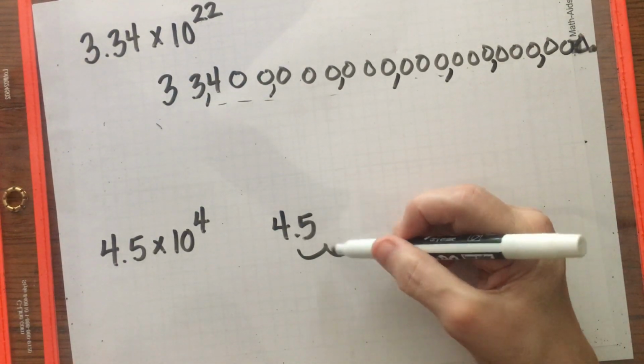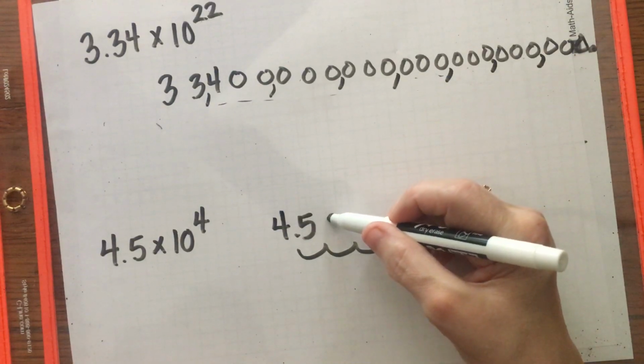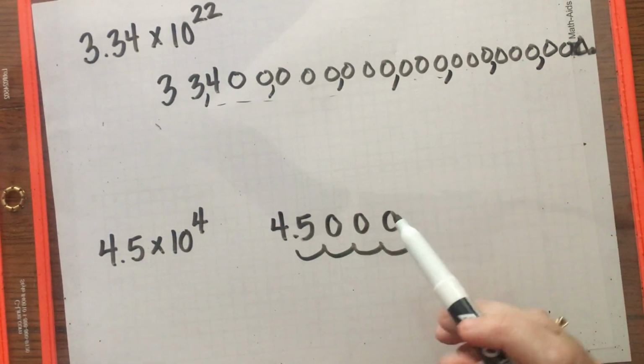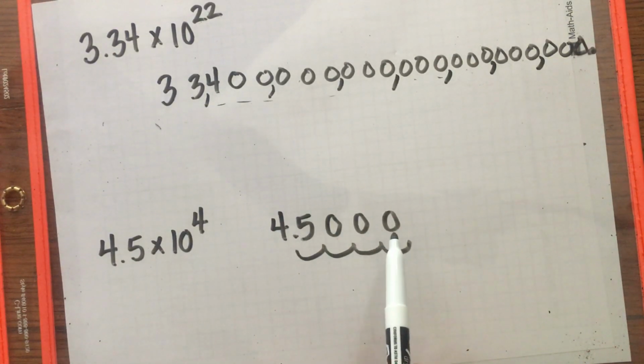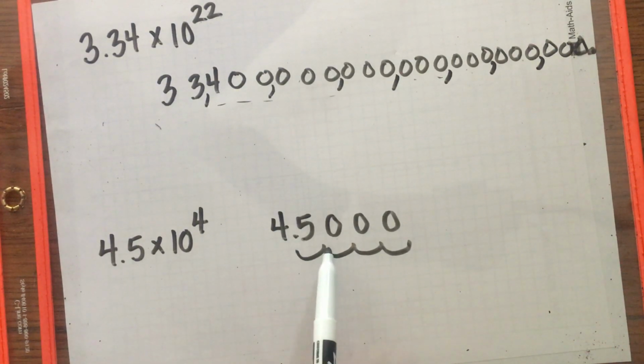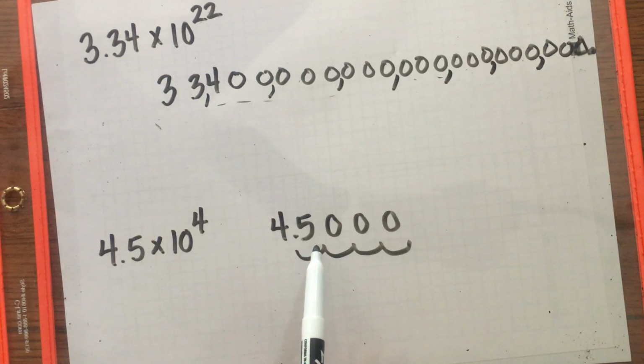And then wherever there's a gap, I fill in a 0. 1, 2, 3. So notice that this doesn't have 4 zeros. Okay, that's not what this means. This means I need to move my decimal that many places. And one of those places is when I move it to the other side of the 5. So that takes up 1 space. And then I have to fill in with the zeros, okay?